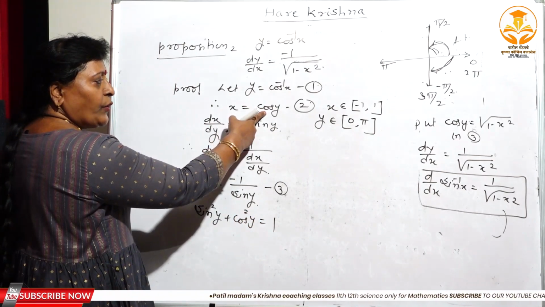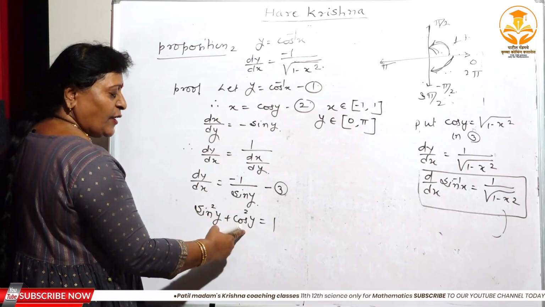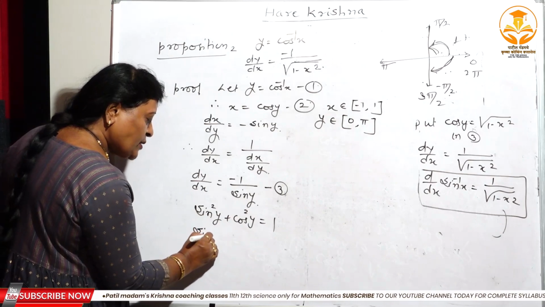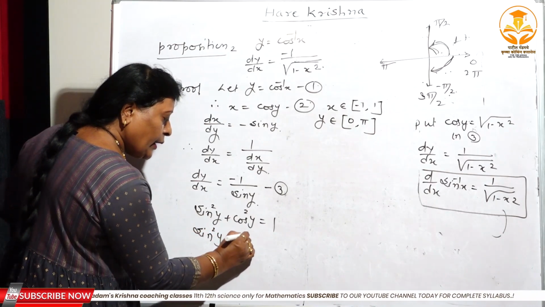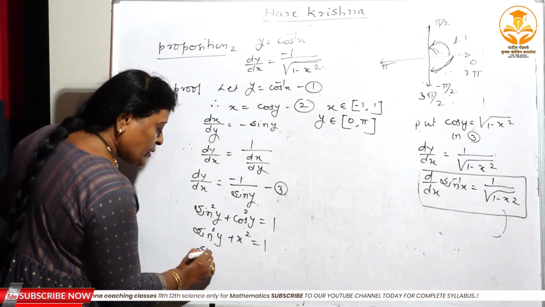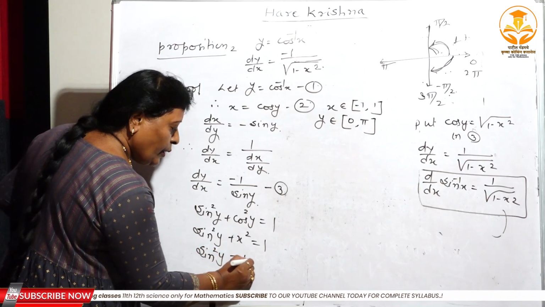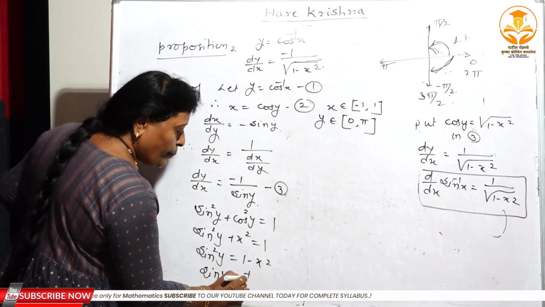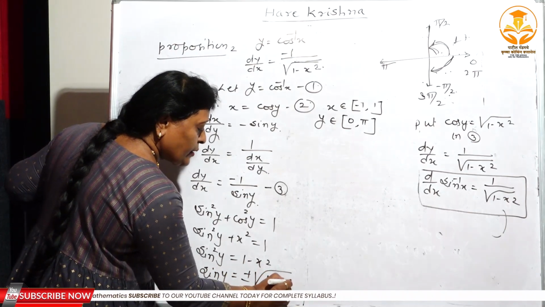Now what is the value of cos y? That is equal to x. You can substitute here cos y as x, so sin square y plus x square is equal to 1. Therefore, sin square y is equal to 1 minus x square, and sin y is equal to plus minus root of 1 minus x square.